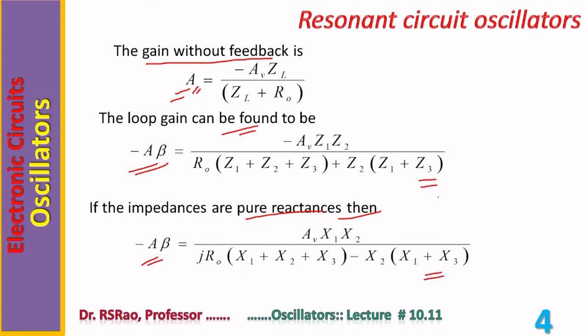This relation comes from the earlier relation when we substitute jX1 for Z1, jX2 for Z2, jX3 for Z3. When resistance is 0, it means impedances are pure reactances. It results in this relation.